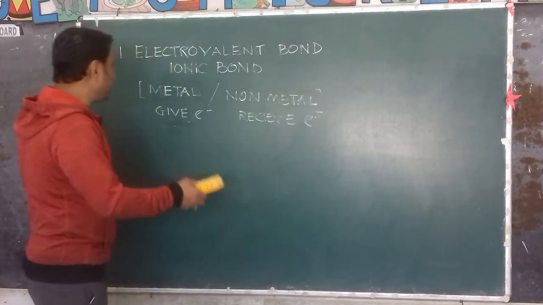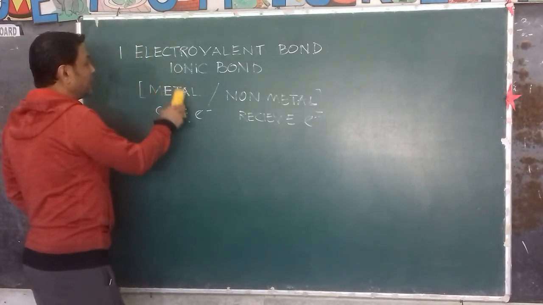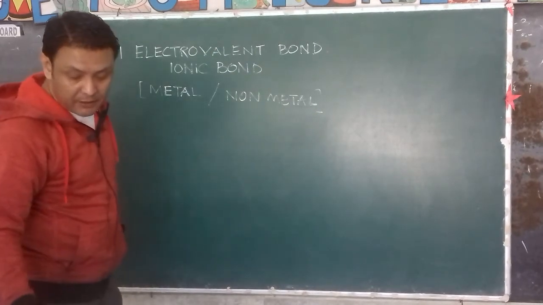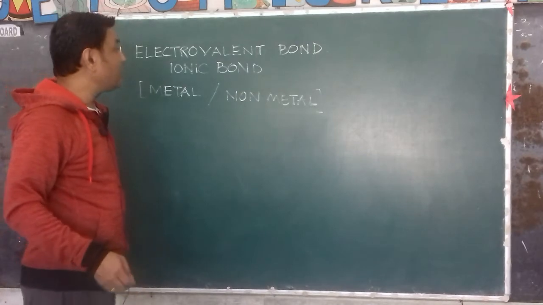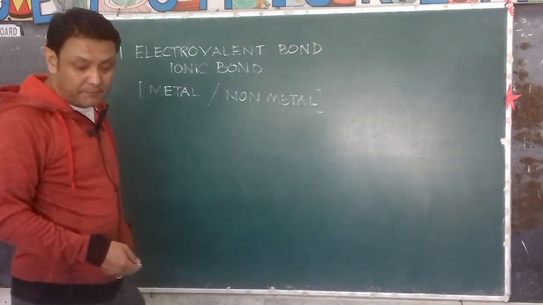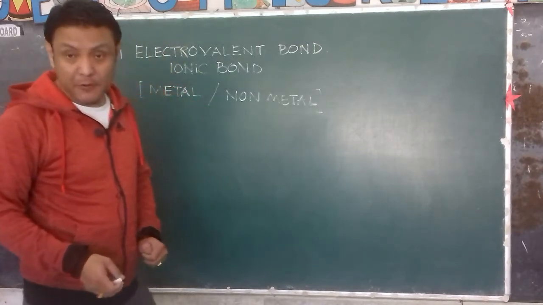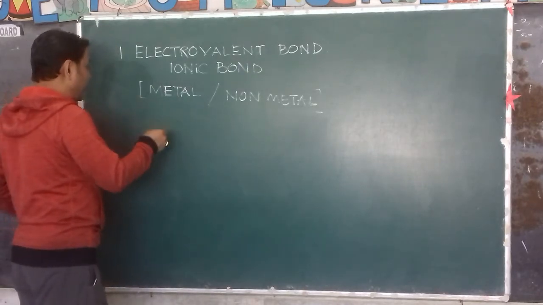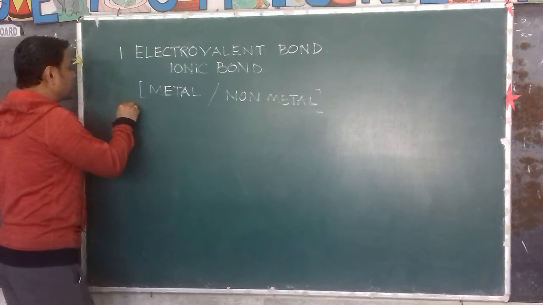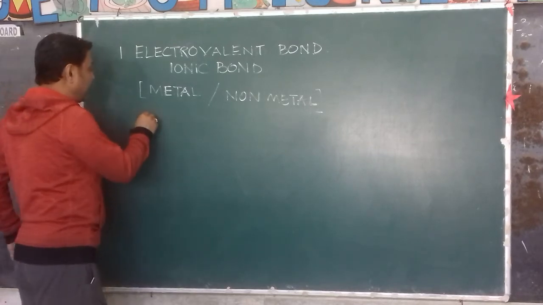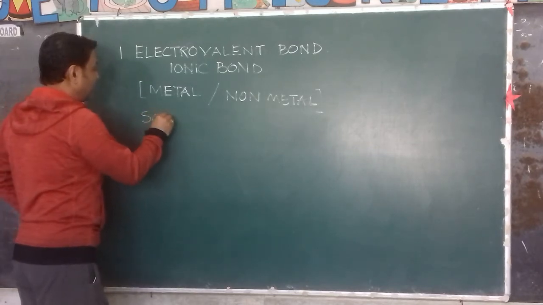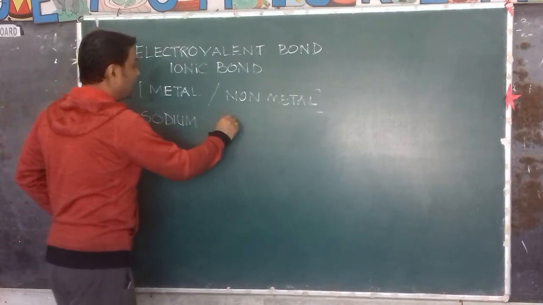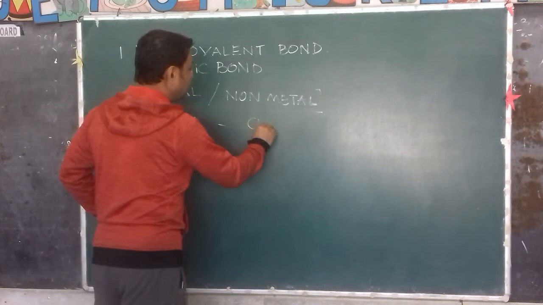So I'll give an example between a metal and a non-metal. We'll talk about an electrovalent compound so that you understand what actually takes place here. Now there's a compound formed between, let's say, sodium and a non-metal, chlorine.